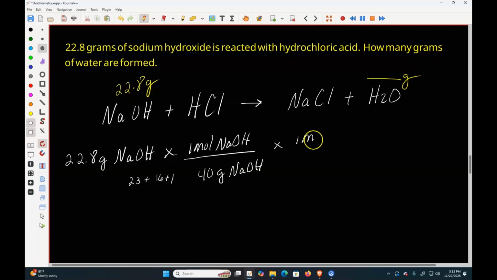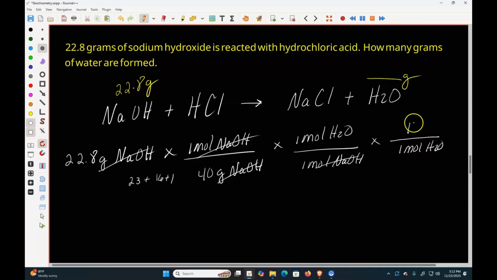Ratio step is 1 mole of water over 1 mole sodium hydroxide. 1 mole of water on bottom, which is 18 grams of water.